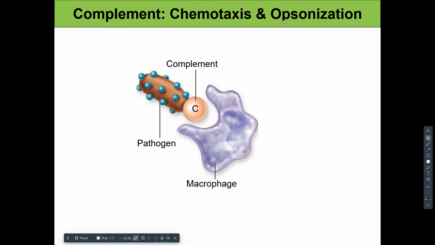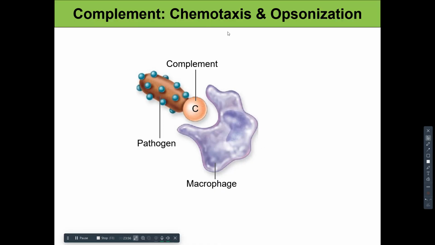And that's called opsonization. Basically, when the complement protein is activated, it exposes portions of it that are very likely to bind to the arms, the pseudopods, of the macrophage, and this is likely to get this complex engulfed and destroyed.